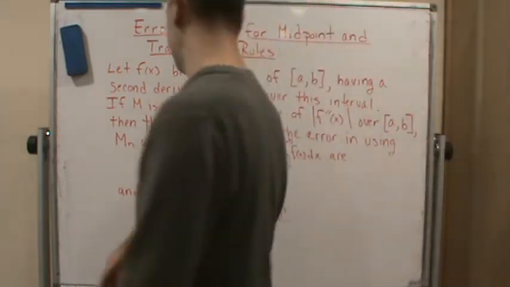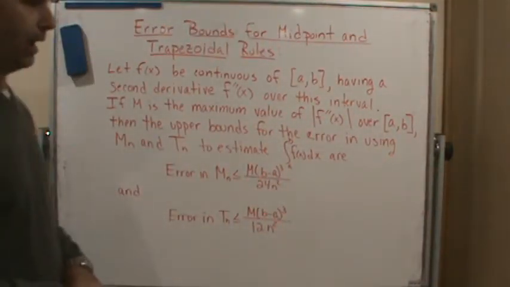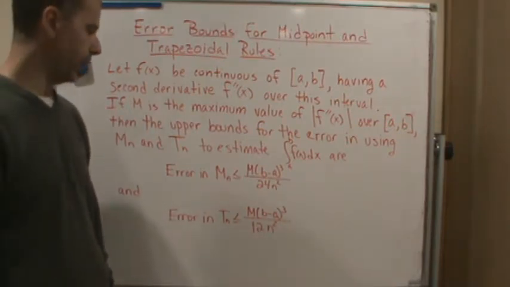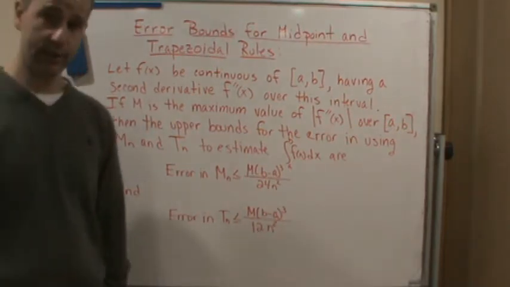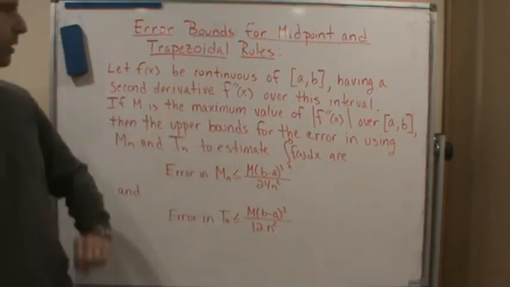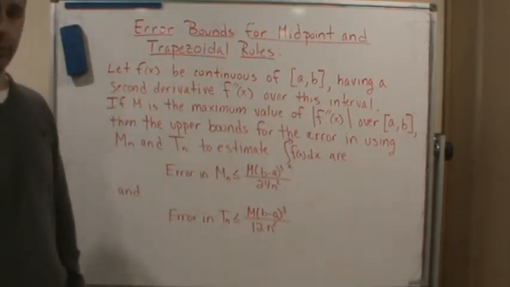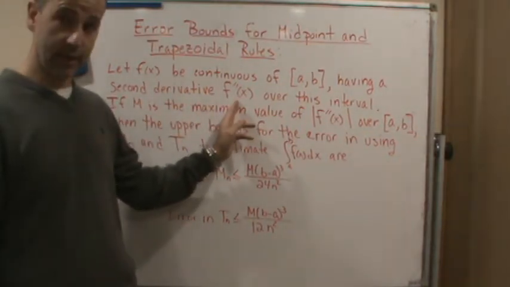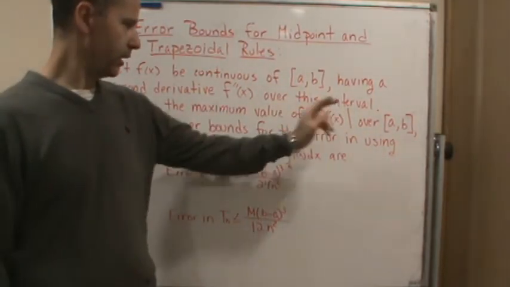So here's the theorem. Again, I'm presenting this without proof, but just know this theorem. It says, let f be continuous over the closed interval from a to b, having a second derivative that also exists over this interval.